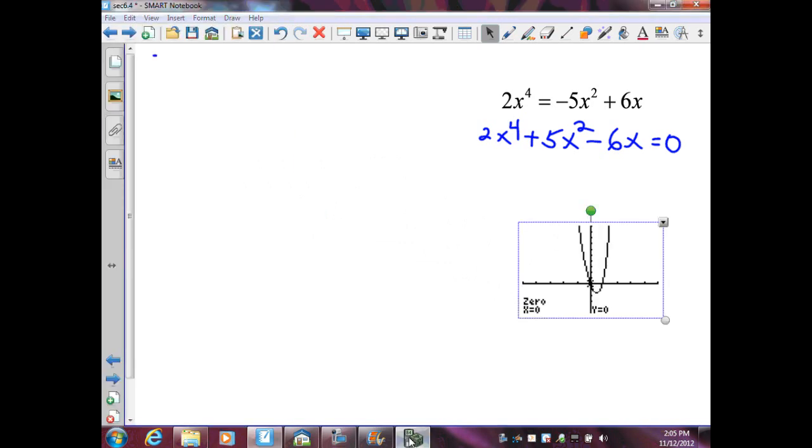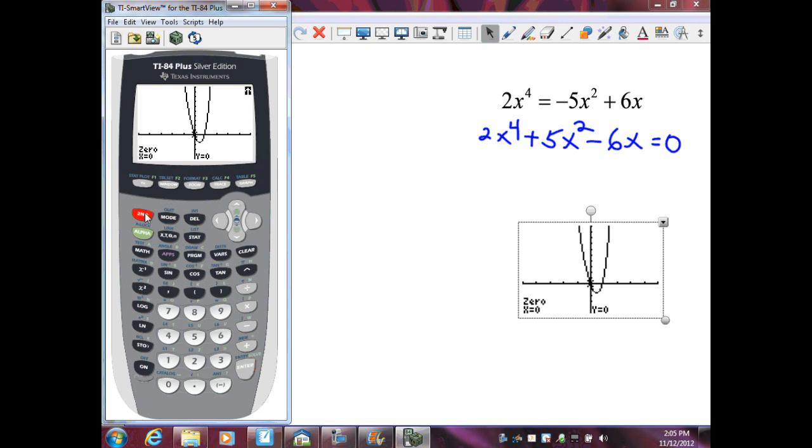And my next one, using the same procedure, scroll to the left bound. My y value needs to be negative. It is. Enter. My y value needs to be positive because it switches between positive and negative. I have a 0 in between. Press enter.